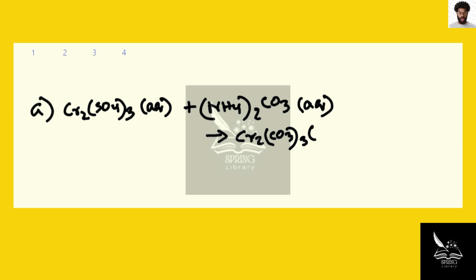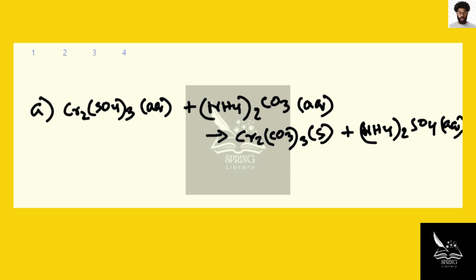Since most of the carbonates are insoluble in water, it is an insoluble compound, so it will be in solid form. And we will have ammonium sulfate, (NH4)2SO4, and this being soluble in water, it will be in aqueous state.